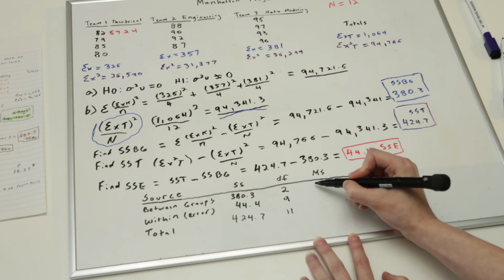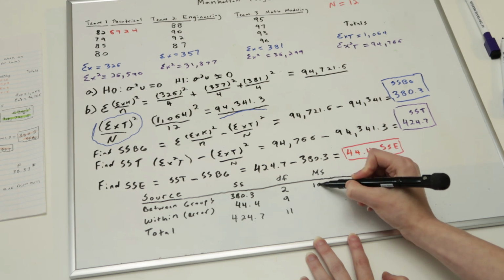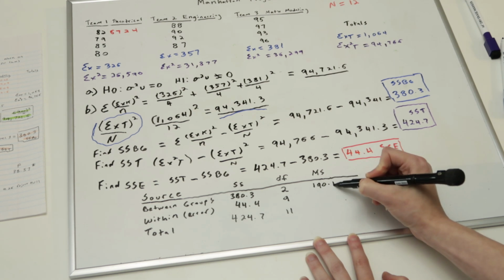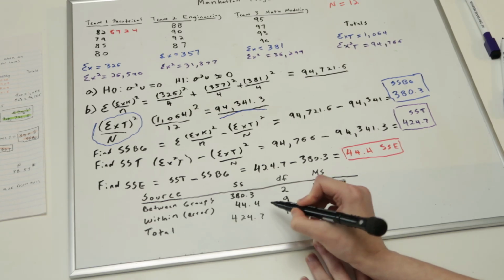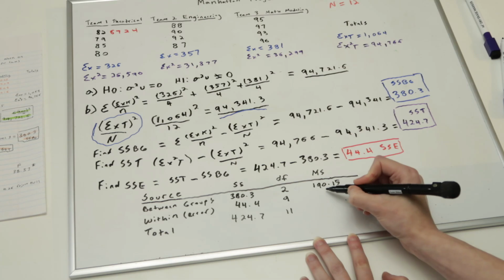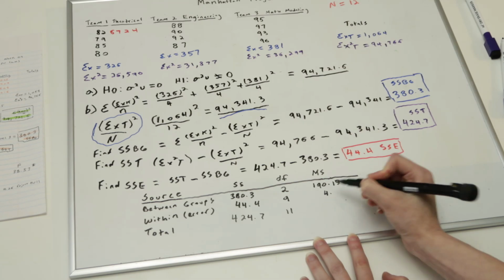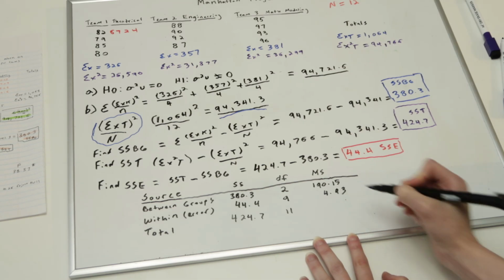All right, so now you're going to divide 380.3 divided by 2 to get your mean square, which is going to be 190.15. Then you're going to do 44.4 divided by 9, and that's going to be 4.93.